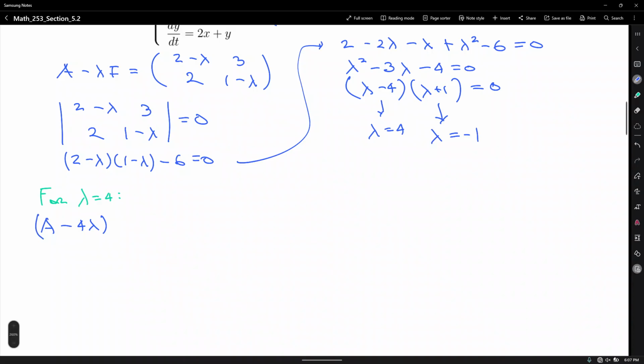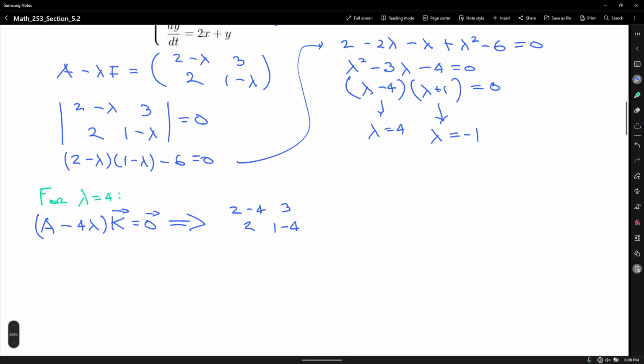In this case, for systems of equations, we're going to use uppercase K, and let that be equal to the zero vector. Okay, let's write the system. This becomes 2 minus 4, 1 minus 4, and then 2 and 3.